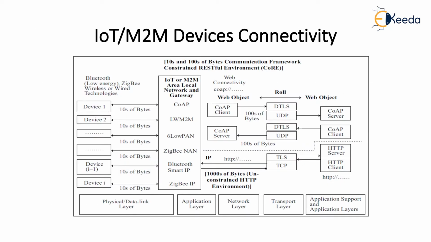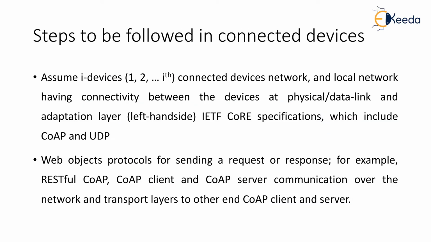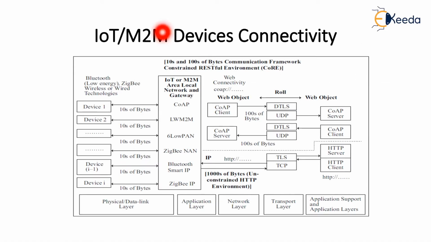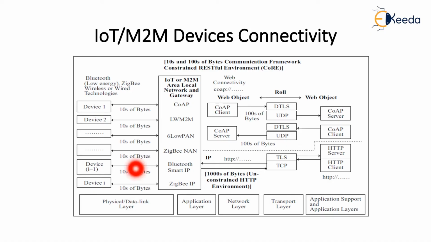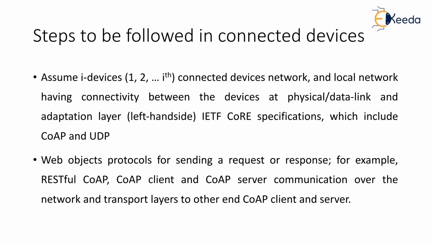So these are the two layers, the adaptation layer and the physical network layer, having connectivity between the devices, assuming I devices, so 1 to I. So here is the number of connected devices and the local area network having connectivity between the devices at the physical and data link layers and the adaptation layer. So that is the local area network.